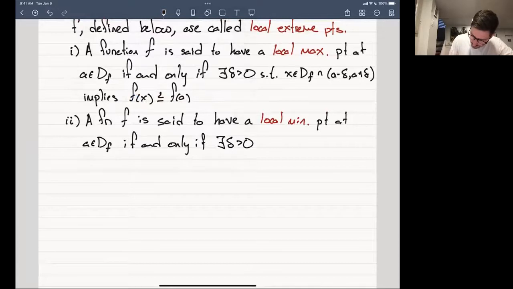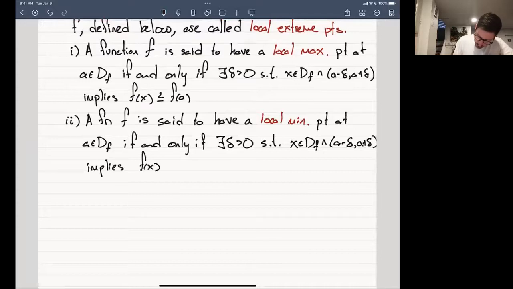So it's basically going to be exactly the same statement. You're just going to reverse the inequality on your function. If this implies f of x is greater than or equal to f of a. So again, what this says is that if you have a local minimum point and you look around it, all of the values of f, the range of f in this neighborhood, well, the smallest value that's going to come out of there is f of a.